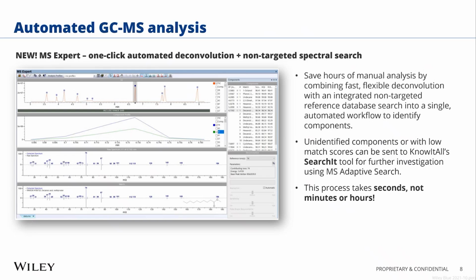Unidentified components or components with a low match score can be sent to KnowItAll's Search It tool for further investigation using MS Adaptive Search. When I say it's fast, I mean this process takes seconds, not minutes or hours. I'll be showing you this in a demonstration later.